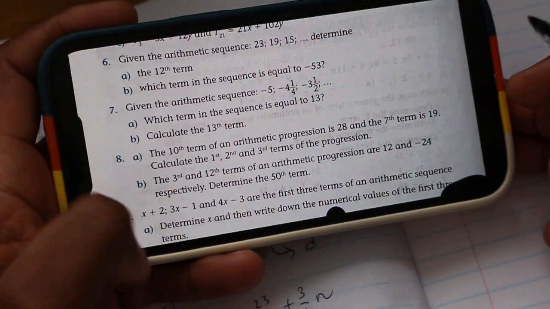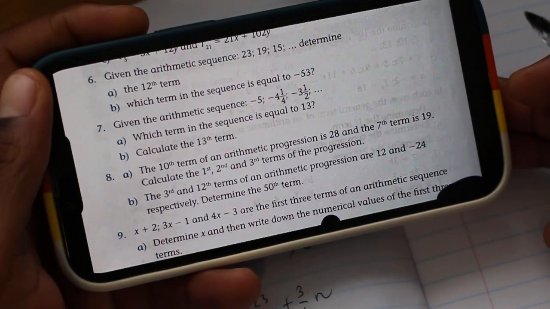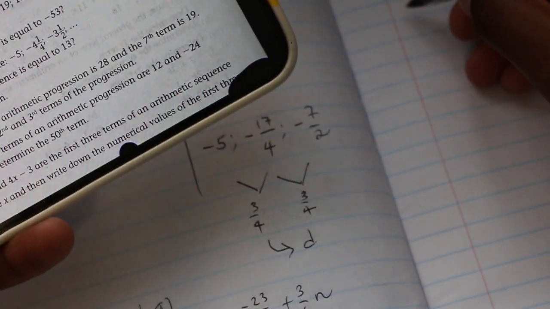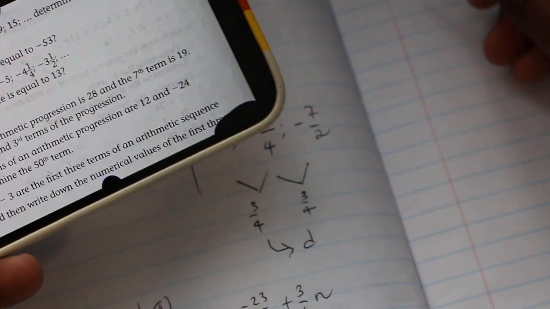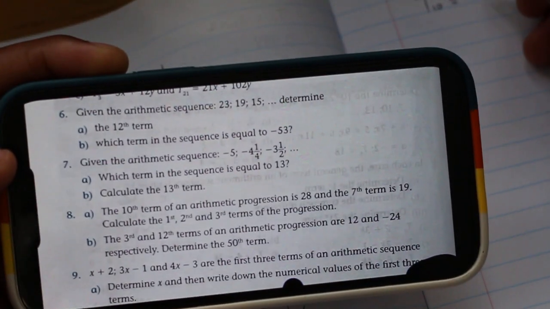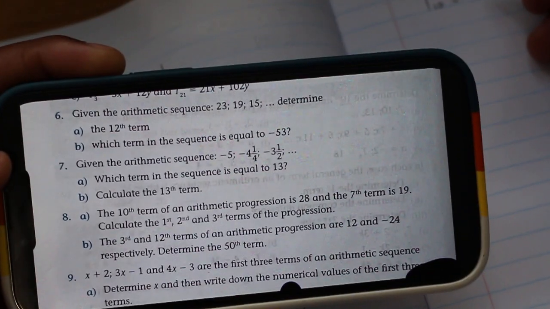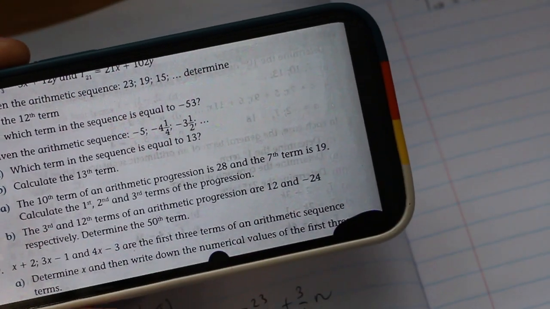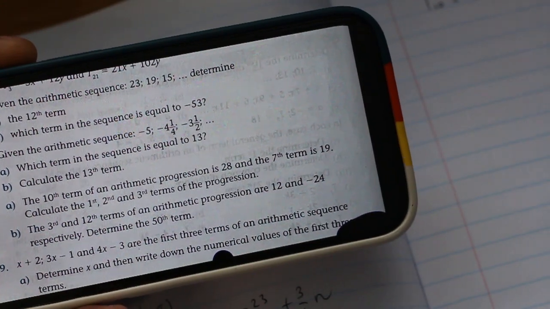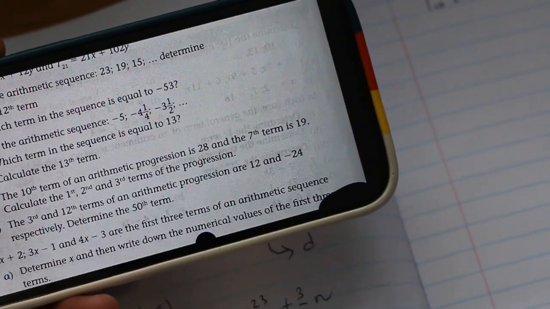Okay, the 10th term of an arithmetic progression is 28. So we don't have the general term as yet. They're just saying T10 is equal to 28. Very important. And we know it's arithmetic. Also, T7 is 19.